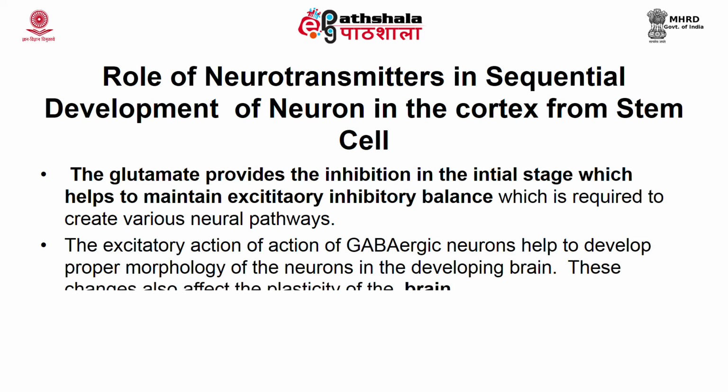Now, these changes also affect the plasticity of the brain. Plasticity is a phenomenon seen in the brain, where the brain synapses can be changed to help facilitate the learning and memory process.